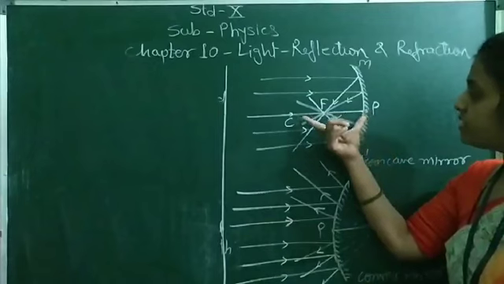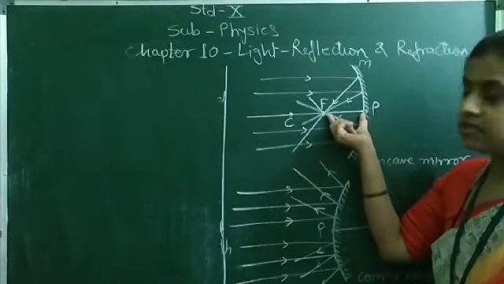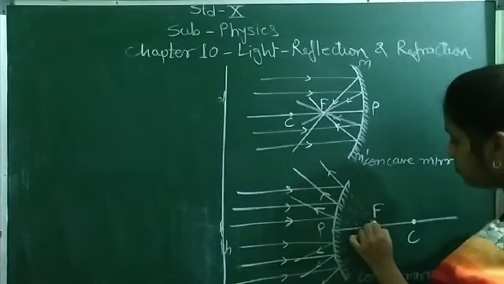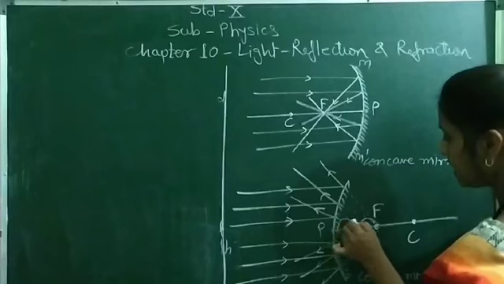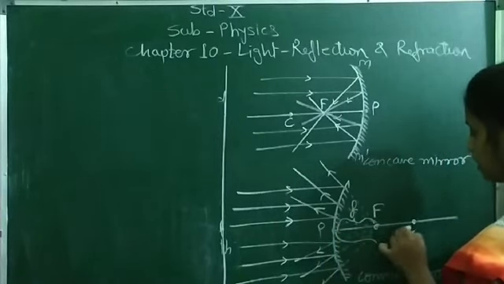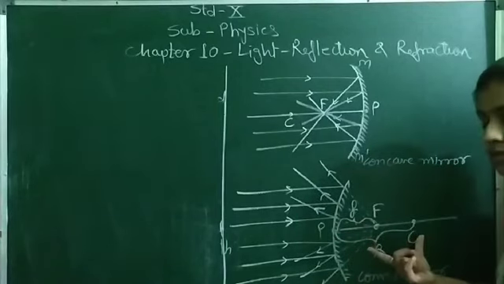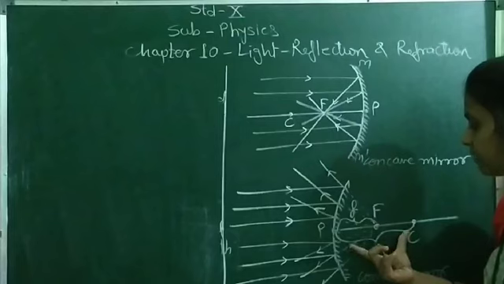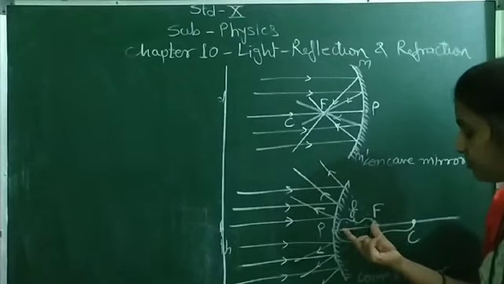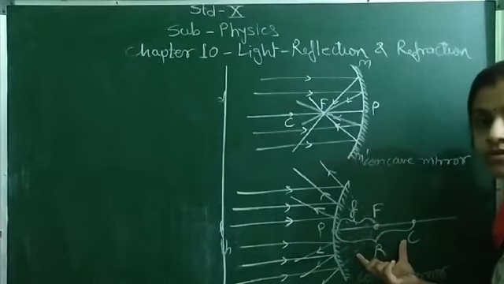So this portion is the focal length and this portion is the radius of curvature. From the diagram we can see that the radius of curvature is double of the focal length, or we can say that the focal length is half of the radius of curvature.